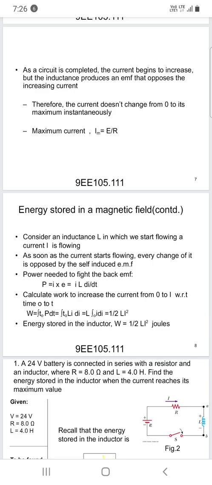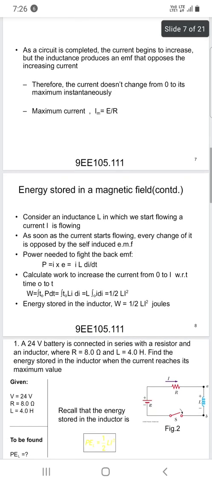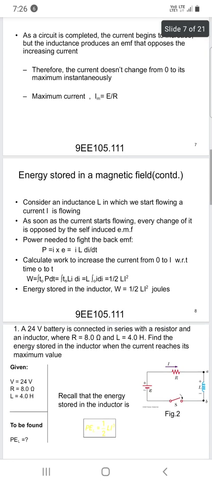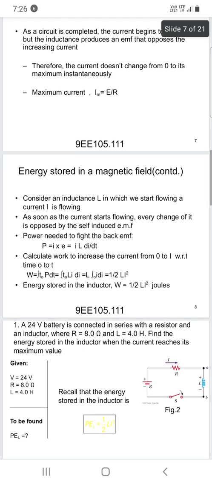Then we substitute E is equal to L into di by dt, and the work done in the electrical circuit gives half L I square. So this is the energy stored in the magnetic field.